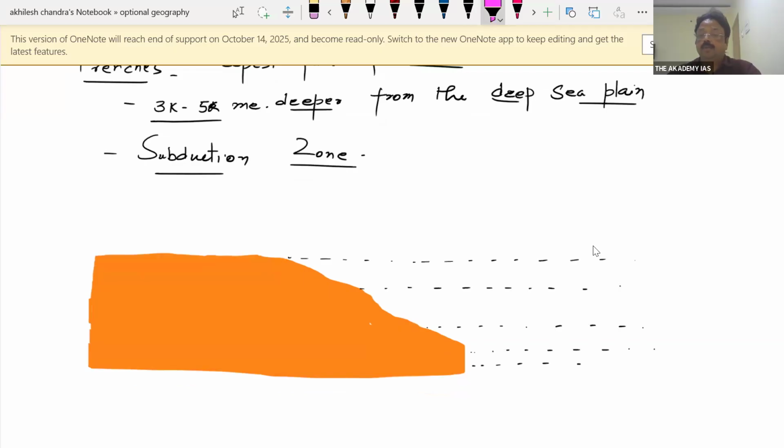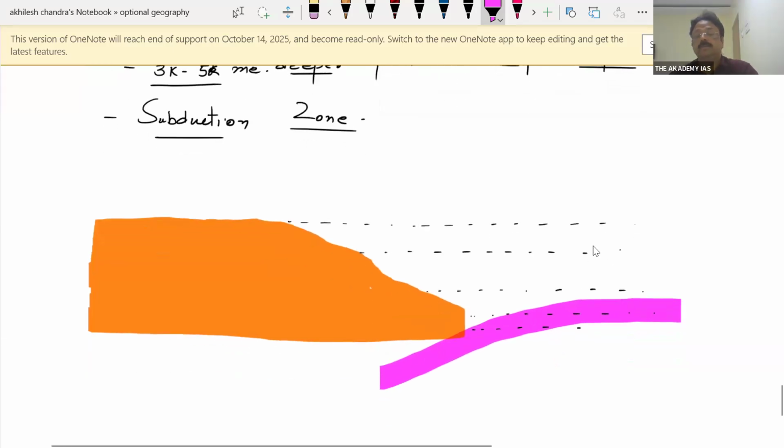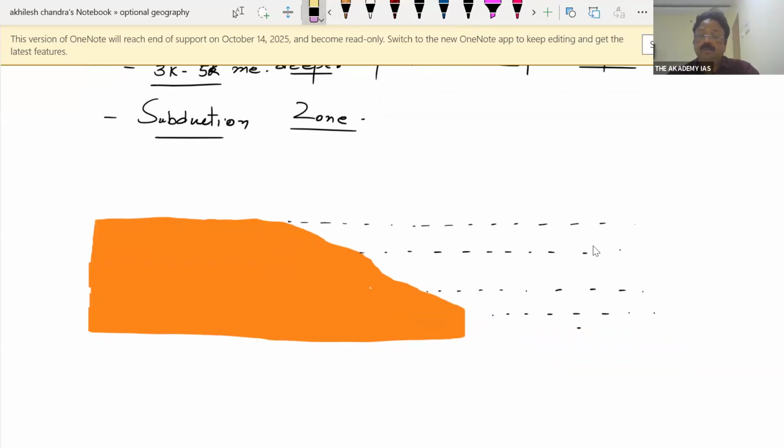This is the oceanic plate, but here it subducts below the continent. So there is a subduction zone over here. Let me make it even deeper so that you can connect it.